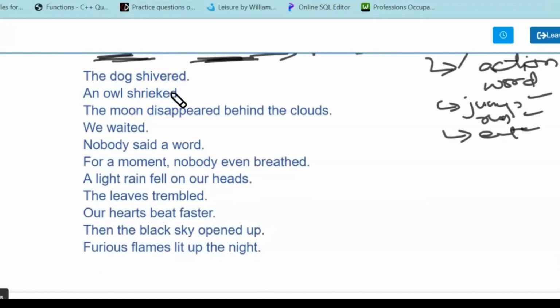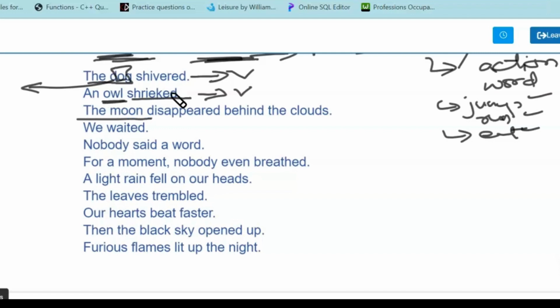The first one is: The dog shivered. You can see the dog, this is the noun and we call it the subject, and shivered is a kind of action shown by this dog. That is, it is shivering. So we call this a verb. In this case, dog is noun, shivered is verb. An owl shrieked. So shrieked is verb and owl is noun.